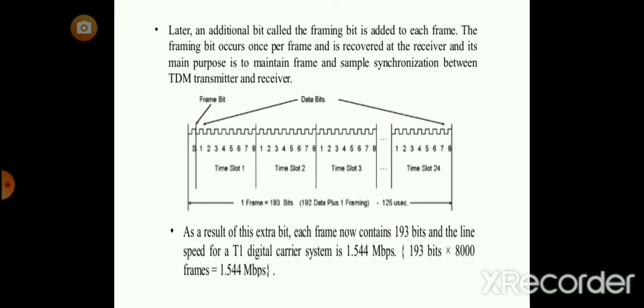As a result of this extra bit, each frame now contains 193 bits and the line speed of the T1 digital carrier system is 1.544 Mbps. That is 193 bits into 8000 frames equals 1.544 Mbps.